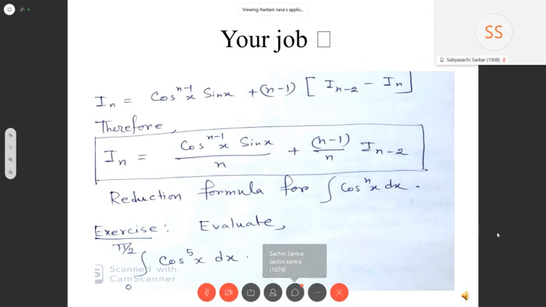Okay. Anyways, you try it, and if you get this, then send it to my WhatsApp number. Then I can give you some feedback. Don't worry.